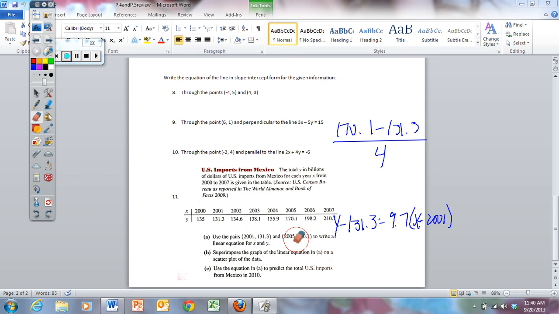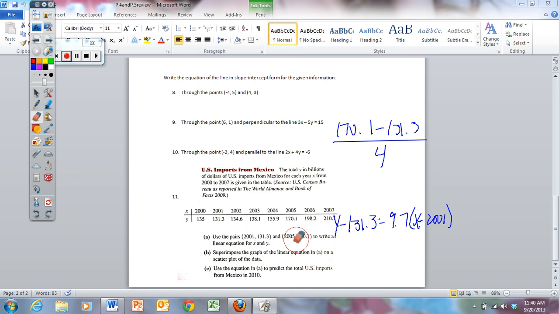No, I used 0 to 10 for X, and then my Y min is going to be about 125, and I'm going to go to 250. There's my line of best fit. Now when I look at my line, the actual line only goes through 1 point, but it has about 3 below and about 2 above, so it's kind of like the average of all the points.